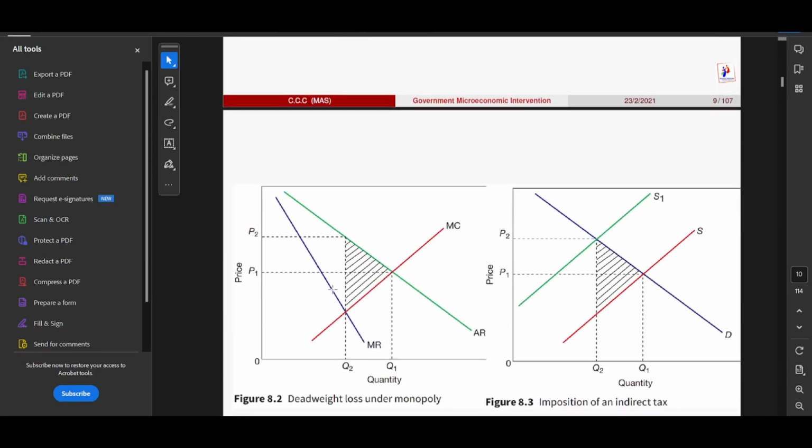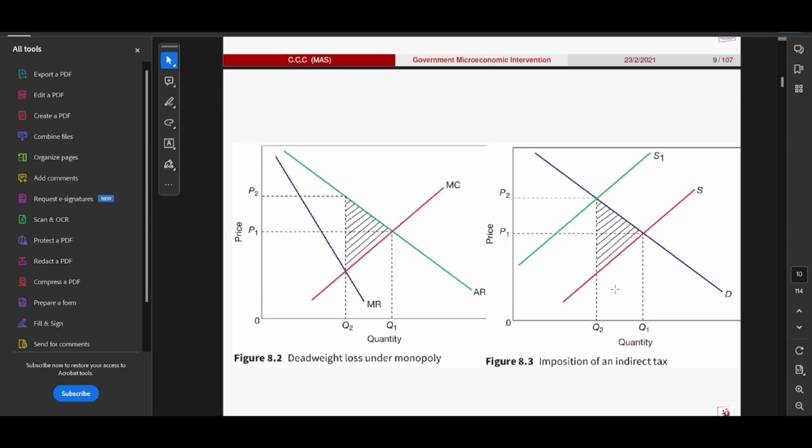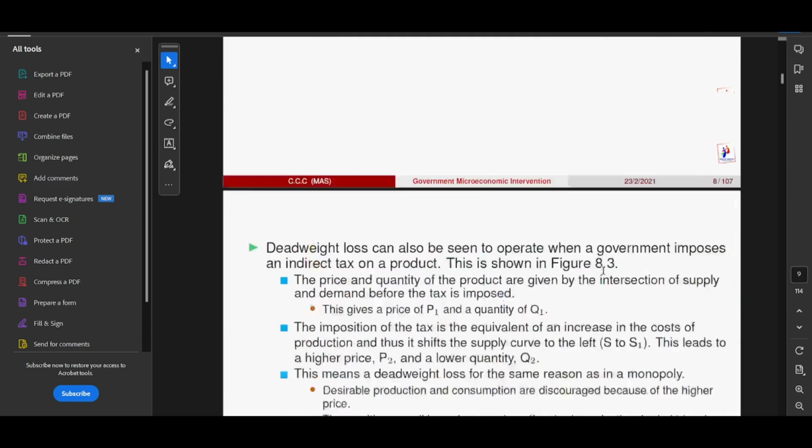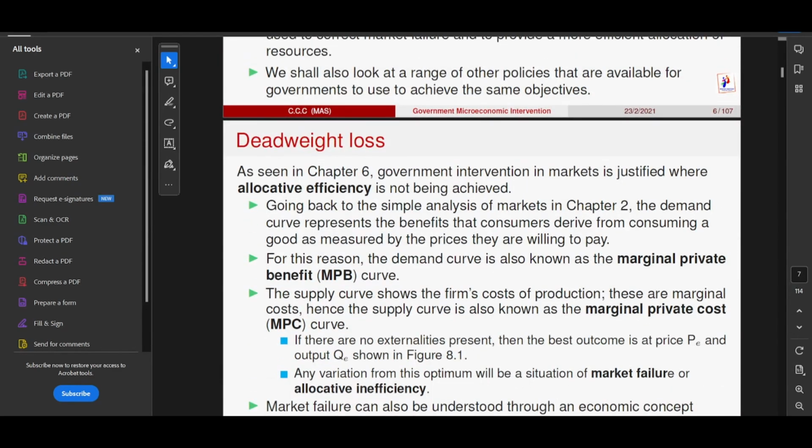So this is what we're saying. If you tax it, this would be the effect on the deadweight loss. With the monopoly, if we impose a tax, we reduce the deadweight loss and those things. All of these things are connected together, and this is normally a question that is asked.